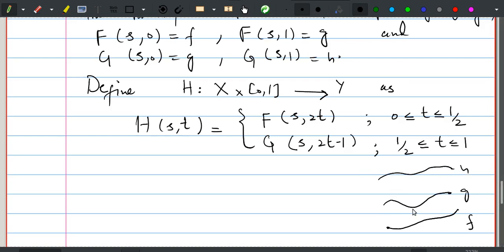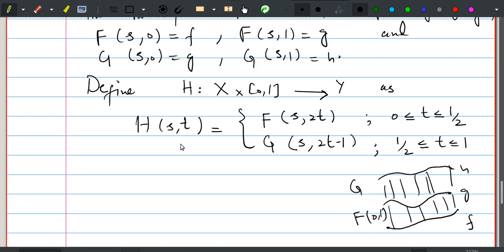From f to g we have the homotopy capital F, and from g to h we have the homotopy capital G. Now this f goes to g via the homotopy F, and this g goes to h via the homotopy G in time t, where t is in the interval [0,1].